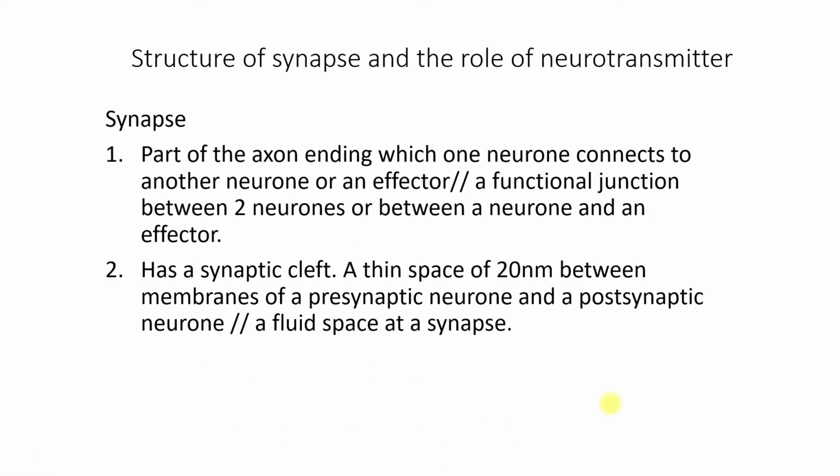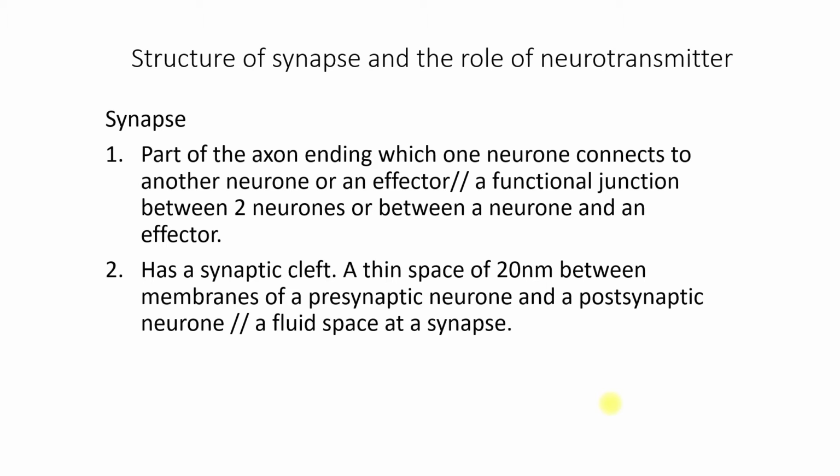Okay, synapse is part of the axon ending, where one neuron connects to another neuron or an effector. Or you can simply define synapse as a functional junction between two neurons or between a neuron and an effector. That's not that difficult to define.